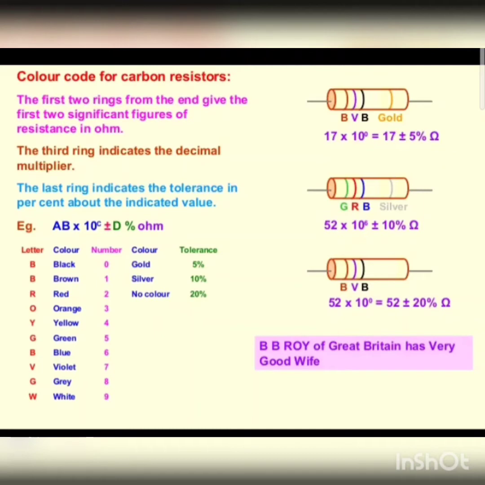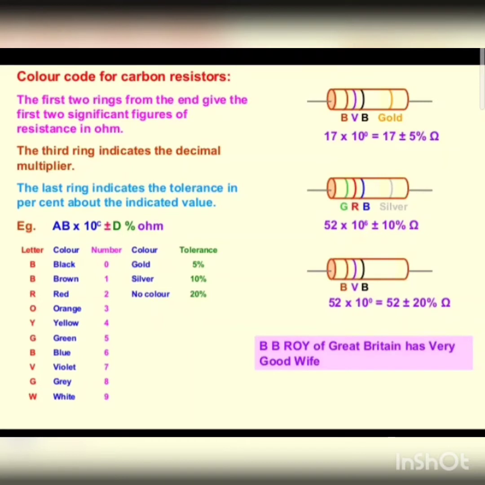First of all, we are going to see the examples. The first one represents brown, violet and black, and the tolerance is gold. Find out the resistance of the given resistor. The first ring represents brown, so the significant figure is 1.